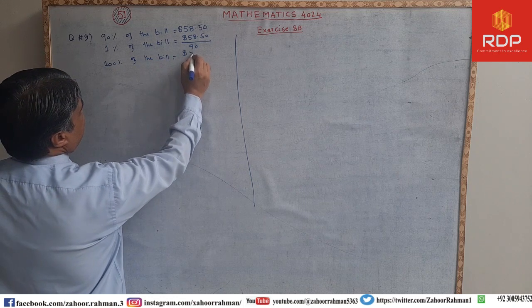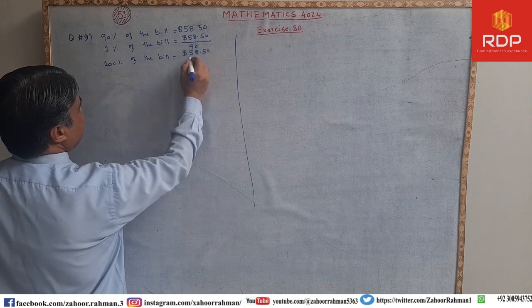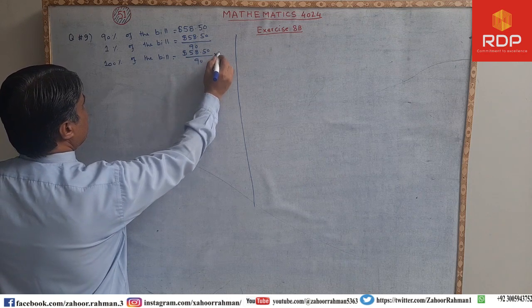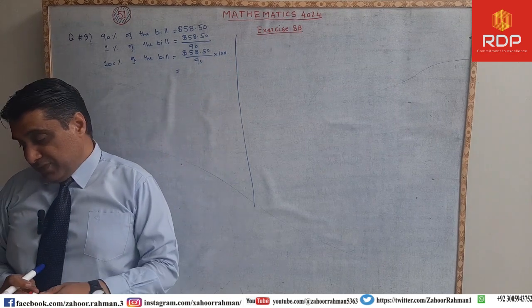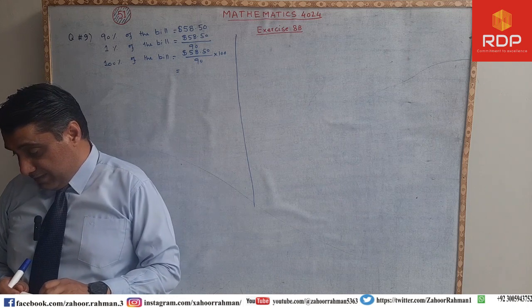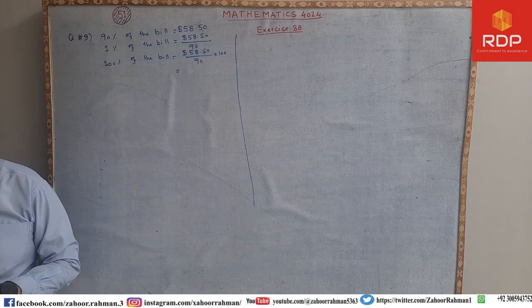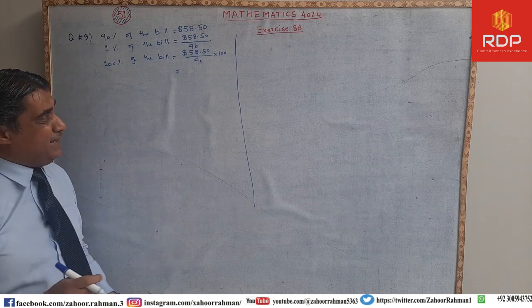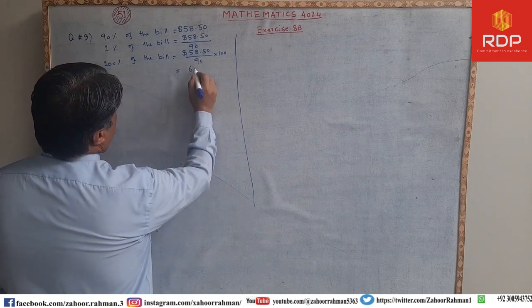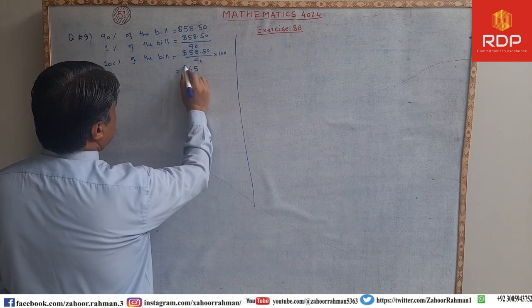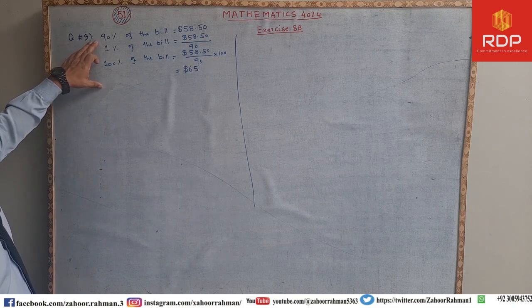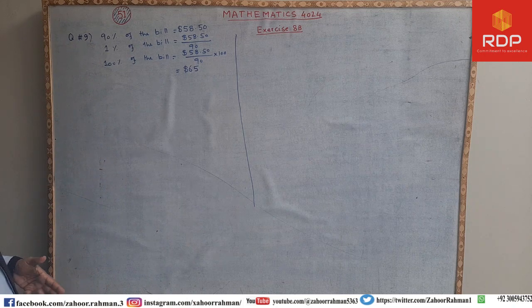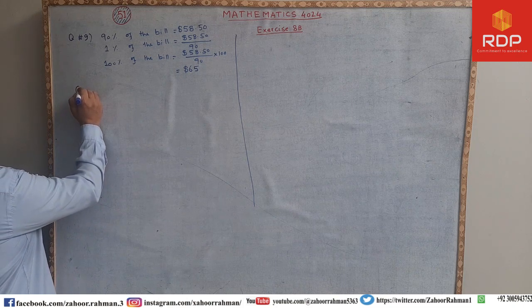The only thing we have to do in this case as well is to multiply it by 100, and the result is $65. So the original bill was $65. When 10% was deducted from it, the customer has to pay the $58.50 amount.